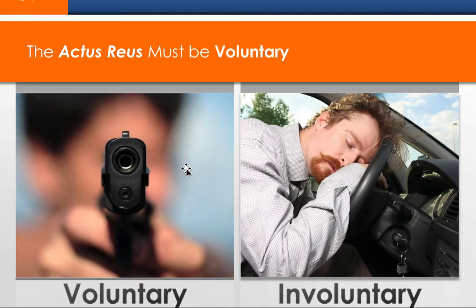As you see in the picture, the involuntary guy is slumped over the wheel. There are keys in the ignition, it could be a drunk driver, right?